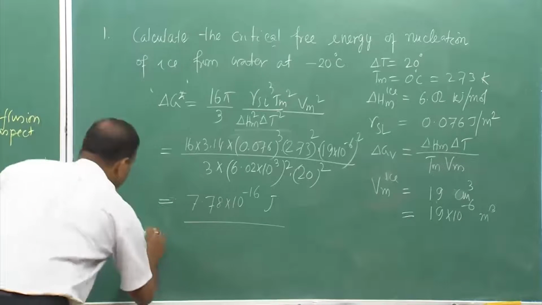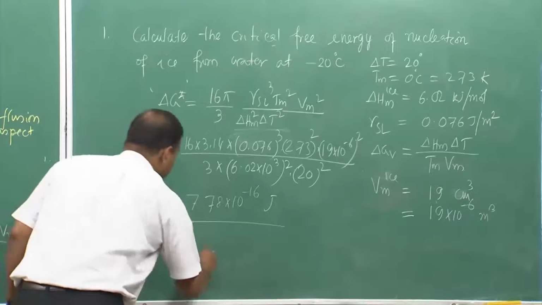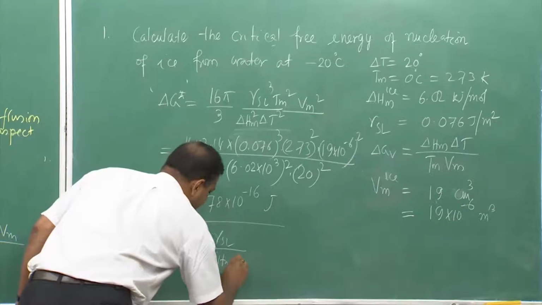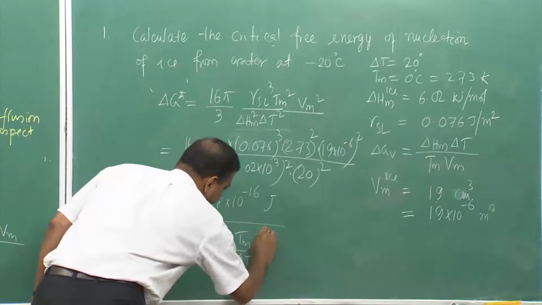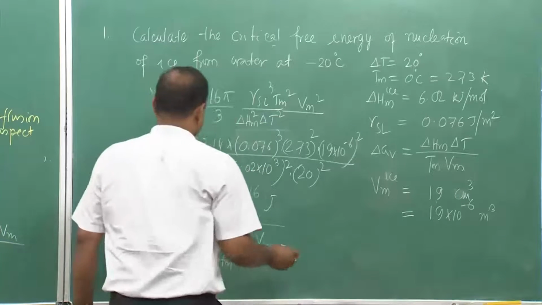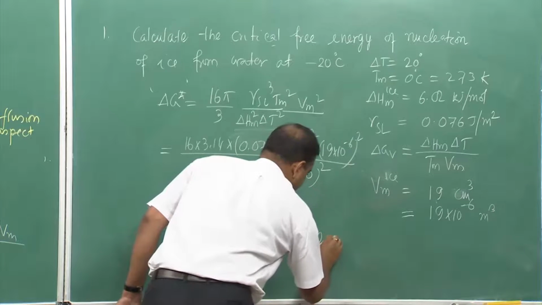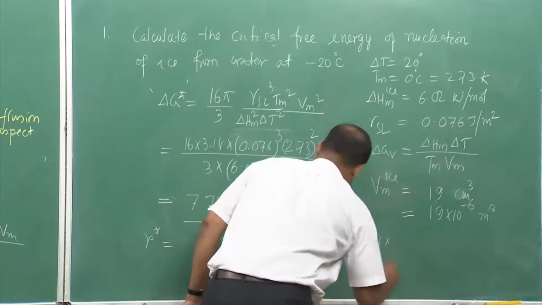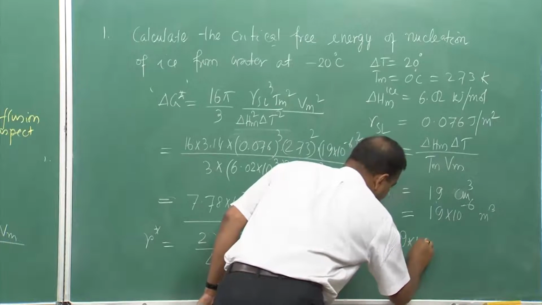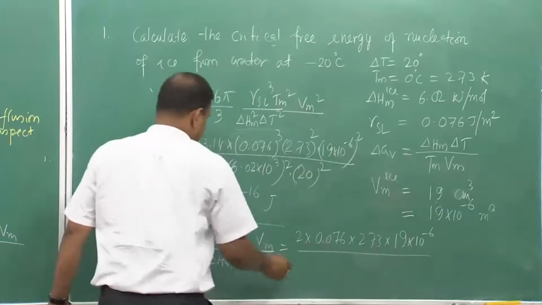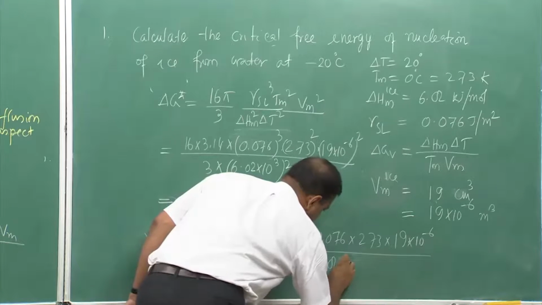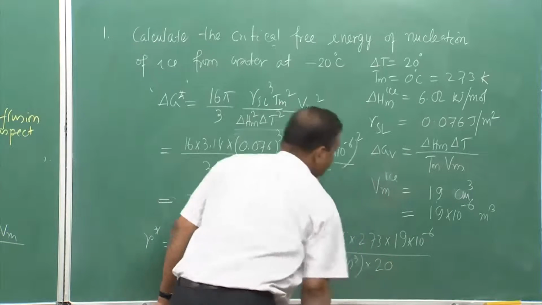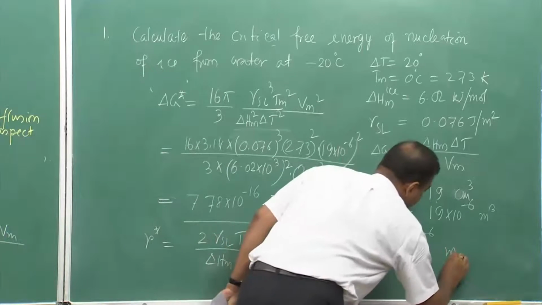Now, you can also find out R star by 2 gamma SL Tm Vm divided by delta Hm delta T. So, it would be 2 into 0.076 into 273 into 19 into 10 to the power minus 6 divided by the rest, and you can get R. That time this will be in meter.